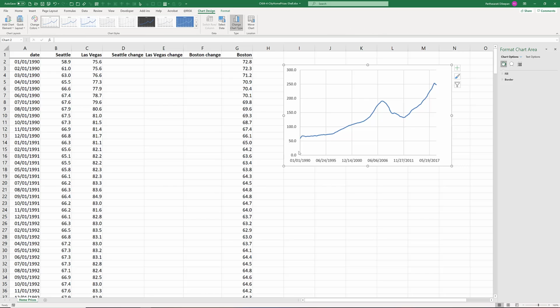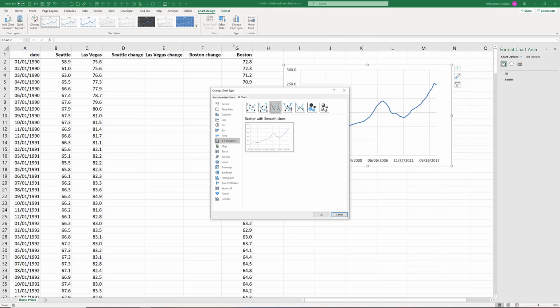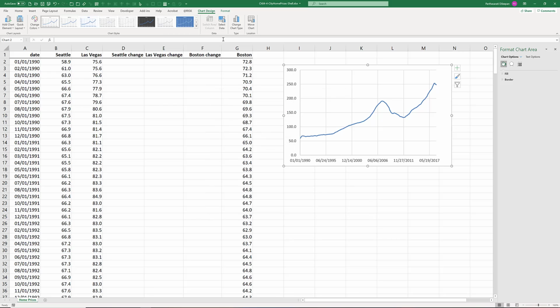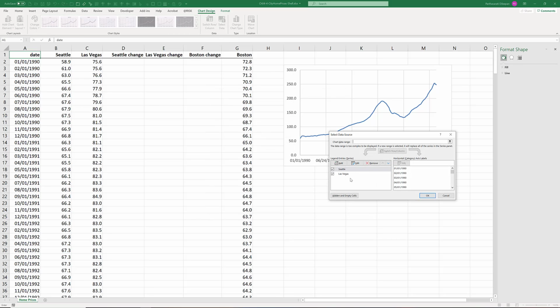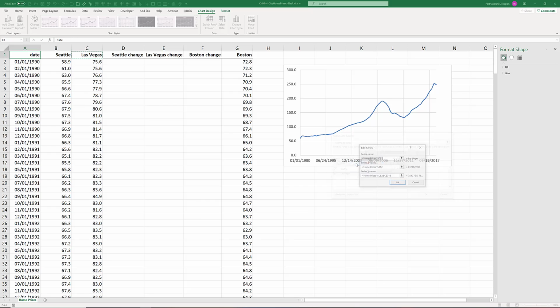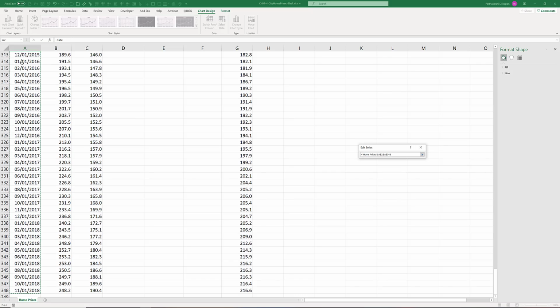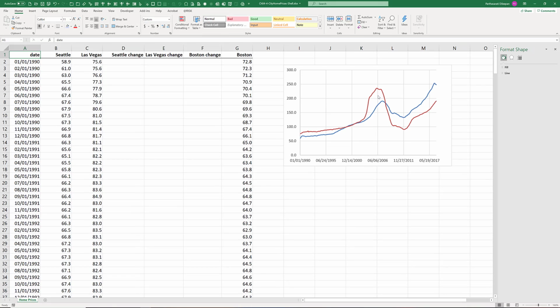Let's go back in. Select data, Las Vegas. I have the x-axis. I have only A2 there. So I need to go A2 all the way through A348. Okay, so now I have it correct. So now we have the two plots.